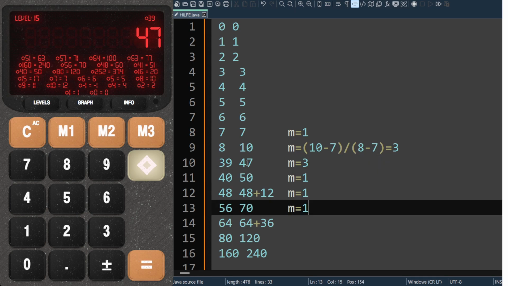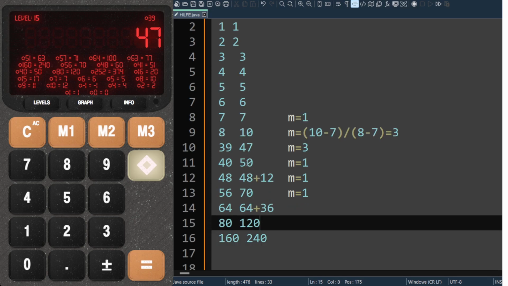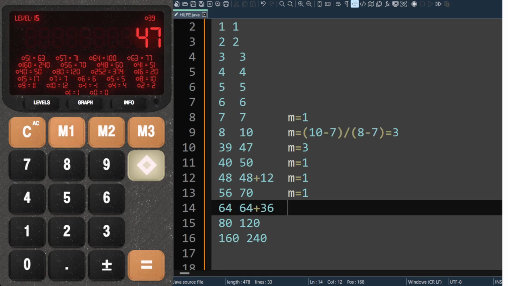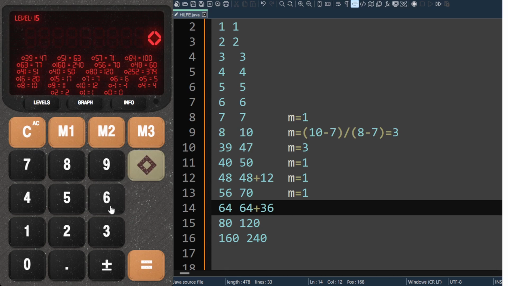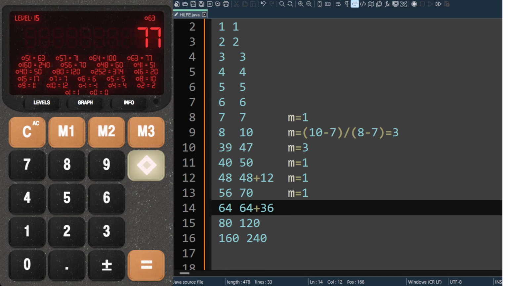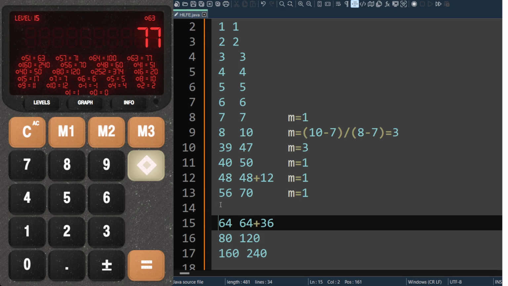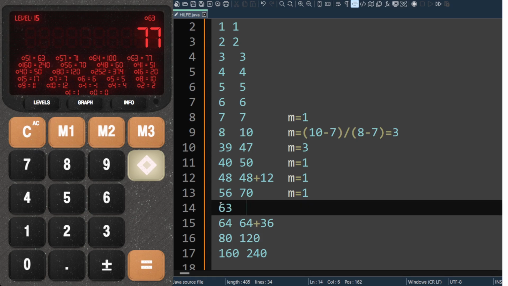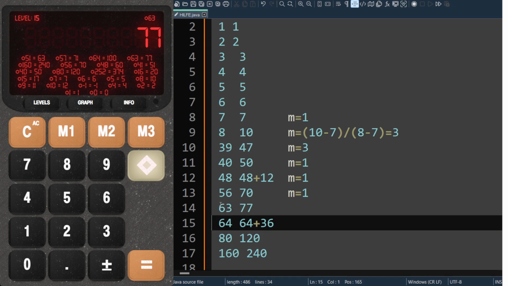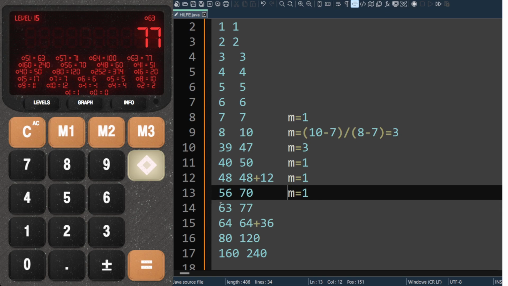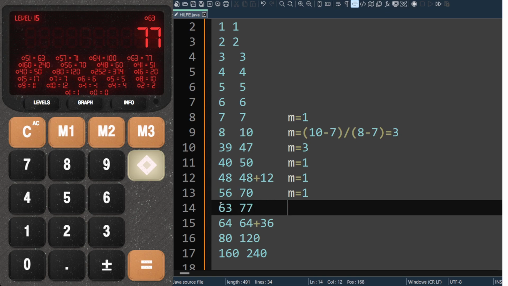Again, nothing happened, but right around here there's something that happens, and I don't know why. So let's try out 63. 77, okay. Right here we have an increase that's bigger than 3. Instead we have an increase of 23.